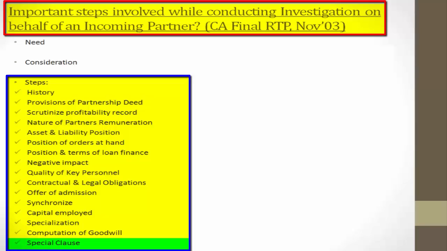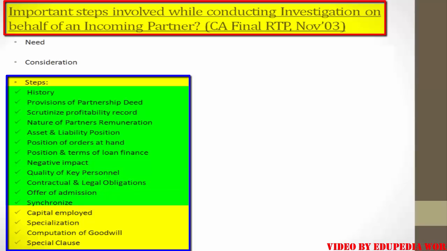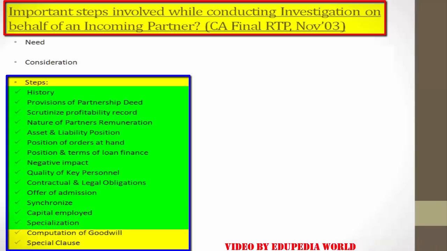So you need to evaluate all these steps one after the other while you are conducting an investigation on behalf of the incoming partner. The history, the provisions of the partnership deed, scrutinize the profitability record, nature of partners' remuneration, asset and liability position that is currently going on in the company, position of all the orders available in hand at the moment, position in terms of loan finance, negative impact, quality of key personnel, contractual and legal obligations, offer of admission, synchronize the complete reasons, then capital employed, specialization, computation of goodwill, and finally the special clause.